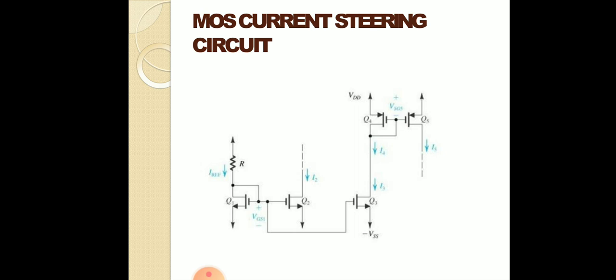For saturation region at Q2 and Q3, VD2, VD3 must be greater than or equal to minus VSS plus VGS1 minus Vt, that is, minus VSS plus VOV1. The drains of Q2 and Q3 must remain higher than minus VSS by at least the overdrive voltage.